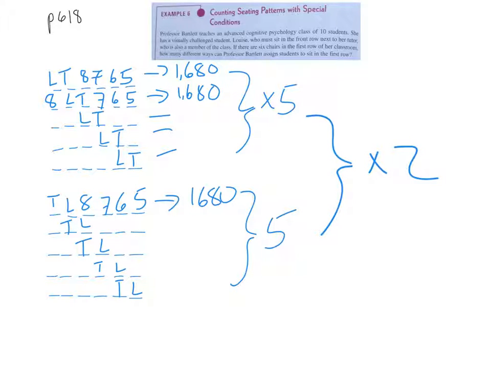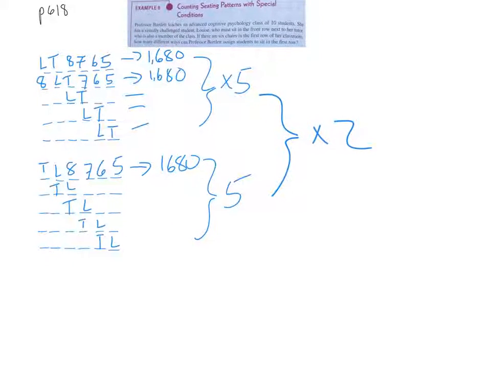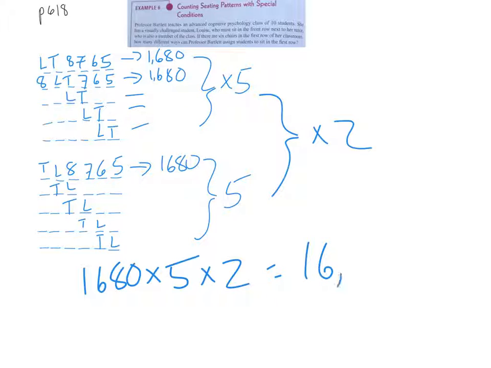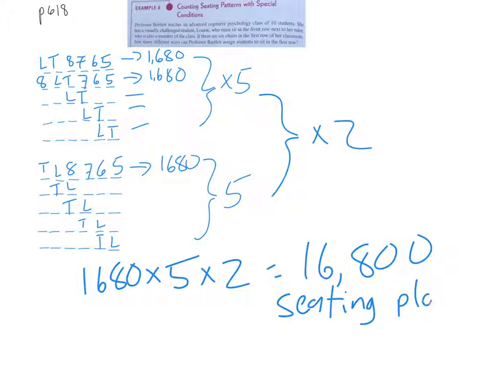Right, so our actual answer here, if we want to calculate the total number of ways we can do this, it'll be those 3 numbers: 1680, the ways we can fill the other 4 seats, times 5, the number of ways we can shift Louise and her tutor, times 2, the number of ways we can flip Louise and the tutor. And this will just give us 16,800 seating arrangements. We'll just call it seating plans.